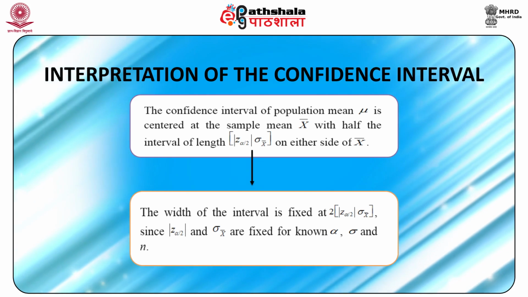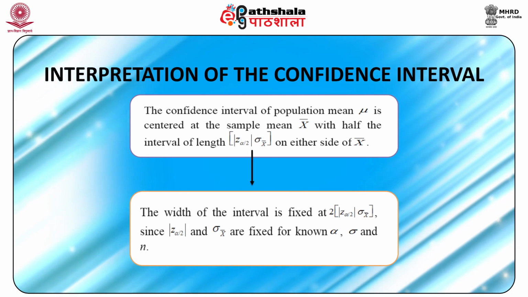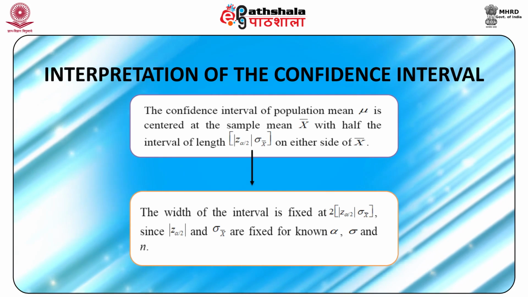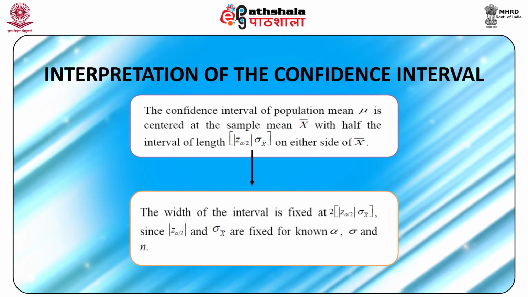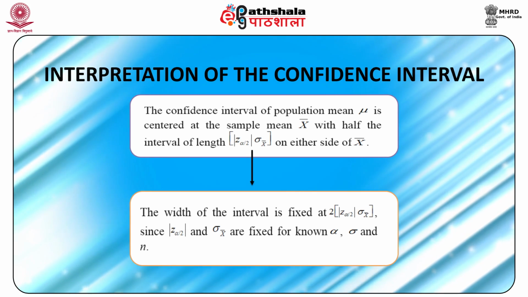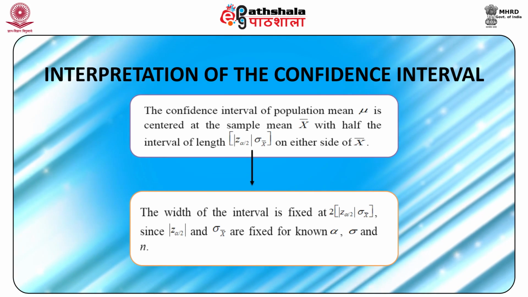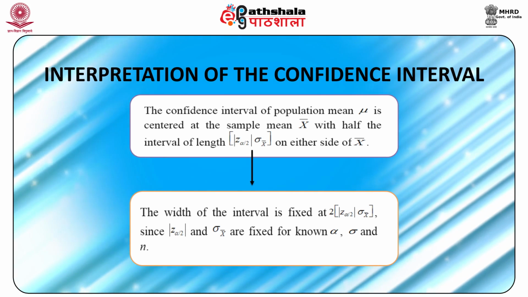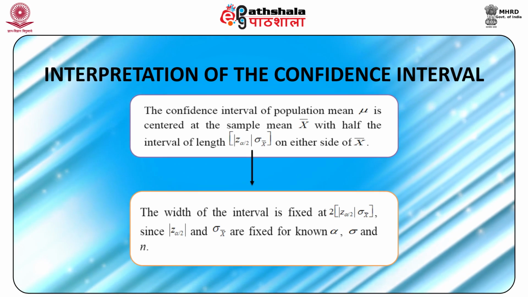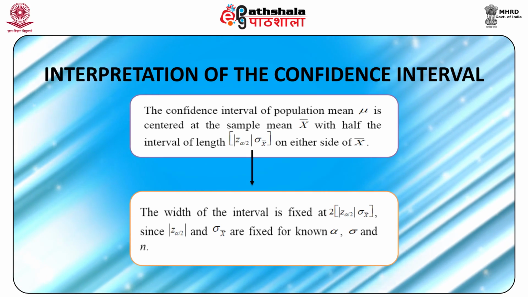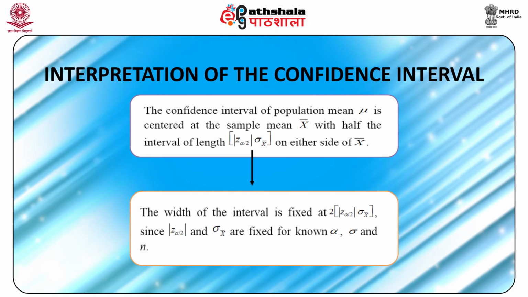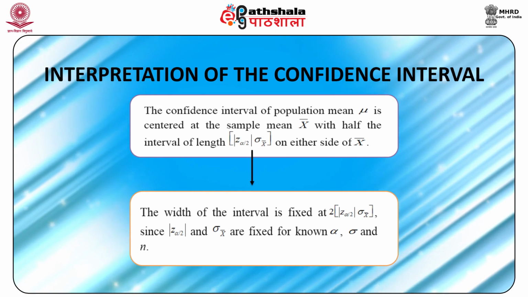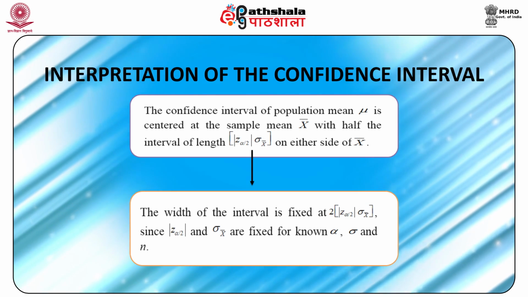Now x bar is a random variable because it can take different values with associated probabilities. The width of the interval is fixed, which is twice the modulus value of z alpha by 2 into sigma x bar. Since modulus z alpha by 2 and sigma x bar are fixed for known alpha and n, the width is fixed.